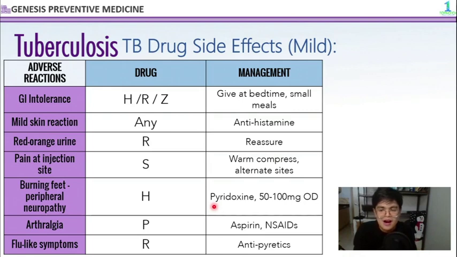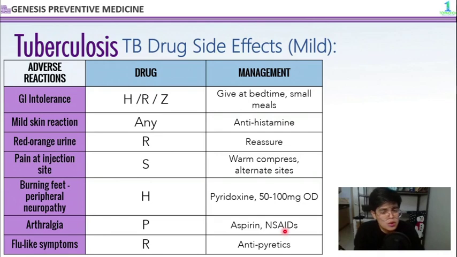Arthralgia is mainly due to, sorry, that's not P, that's Z, pyrazinamide. Aspirin and NSAIDs are given for arthralgia. This is mostly due to the side effect of pyrazinamide to increase uric acid. Pyrazinamide does this by inhibiting a transporter in the renal tubules.